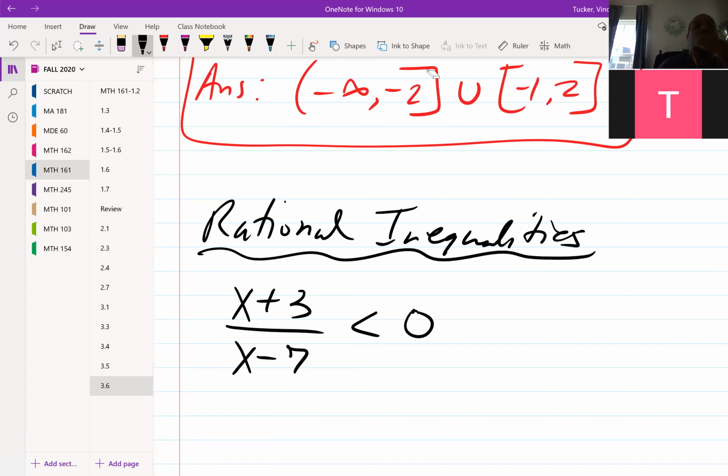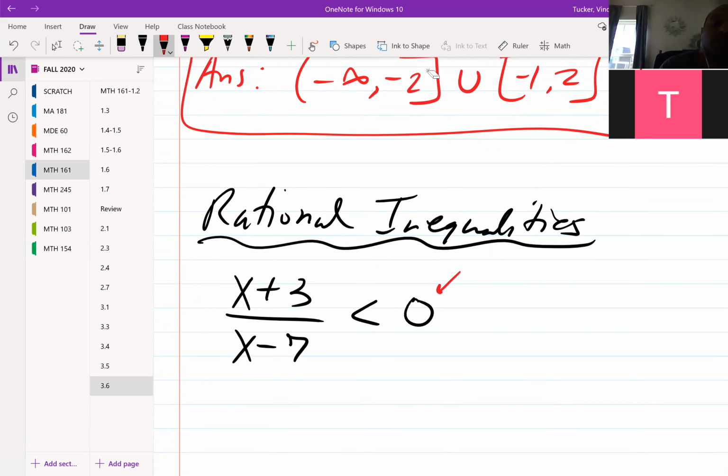So the first thing we want to do is just like before, the same methodology we established in the last two examples: we want one side to be equal to 0. And we already have that, so we don't have to manipulate the problem any in that regard.